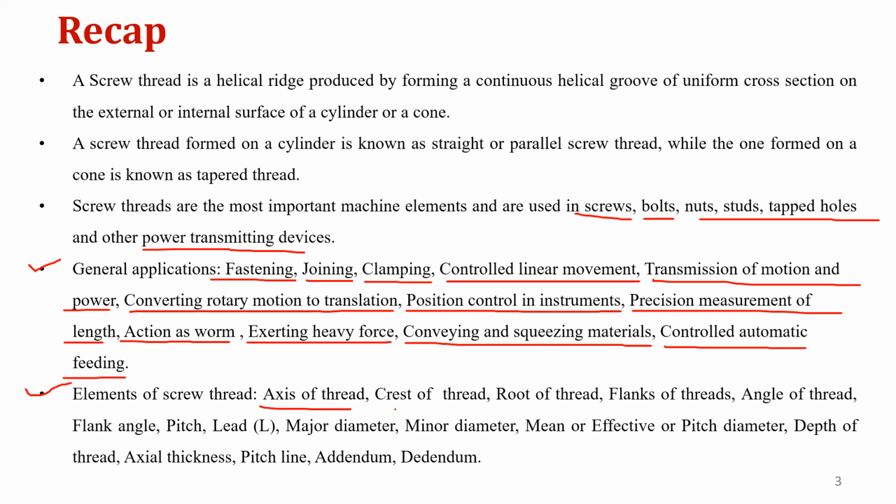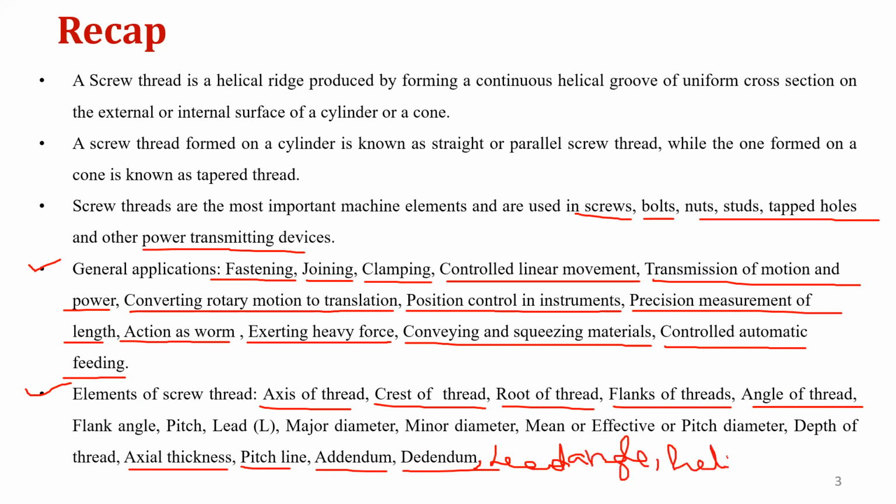So what is the axis of the thread, crest of the thread, root of the thread, flanks of the thread, what is the angle of the thread, flank angle, pitch, lead, major diameter, minor diameter, mean or effective diameter or pitch diameter, and what is the depth of the thread, axial thickness, pitch line, what is addendum, dedendum, and also lead angle and helix angle.